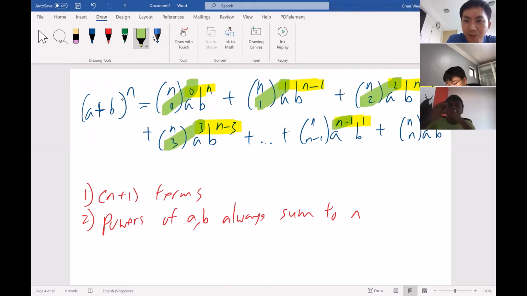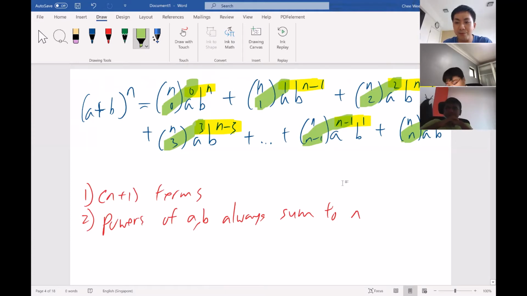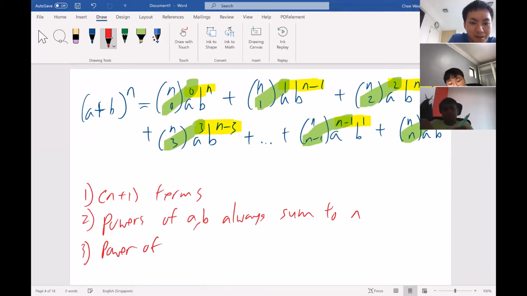The power of a will always follow what I call the index element. Index element is not a common term that's being used, but it's the number that keeps jumping with every term. So the power of a follows the index element.